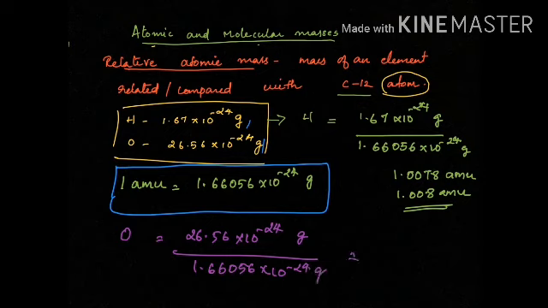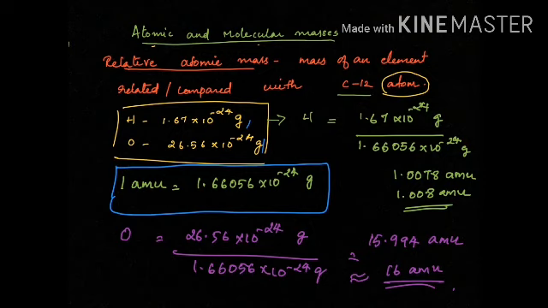So when you divide these two, you will get the answer as 15.994 AMU. So we can approximate it as 16 AMU, right? This is what we take for the calculations. So likewise you can find out the mass of all the elements in terms of AMU.